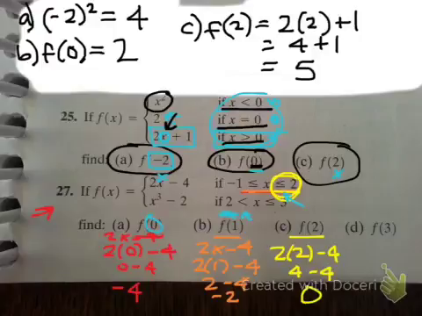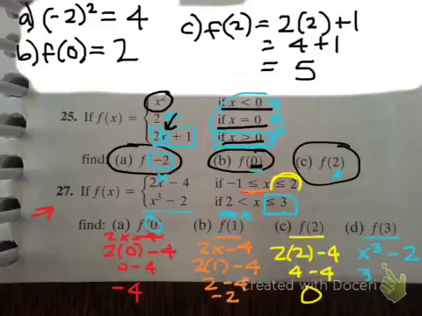Now moving on to the last one, f of 3. I'm going to erase a little bit here because that got all messed up. So f of 3. Looking up here between 2 and 3, it says less than or equal to 3, so it is equal to 3. So we're going to use x cubed minus 2.